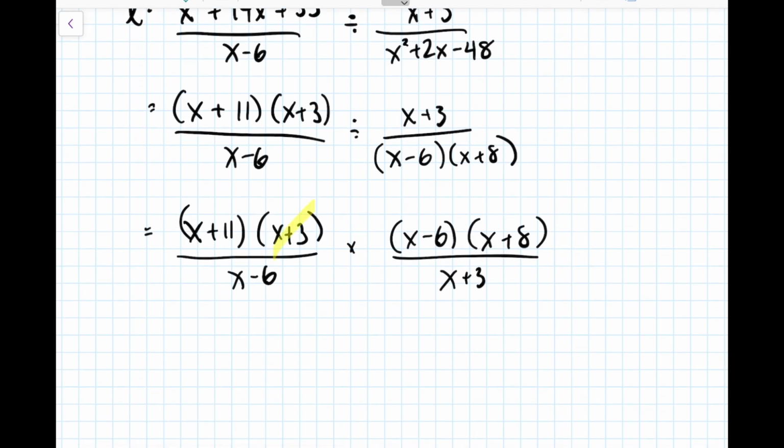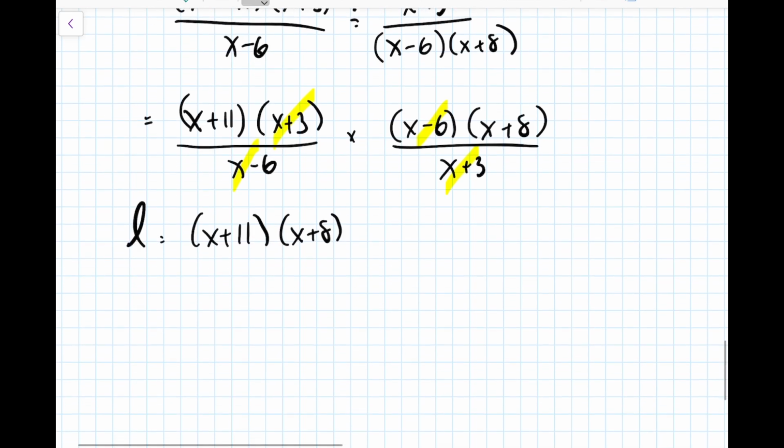And so we can just do some canceling, right? Get rid of the x plus 3's, get rid of the x minus 6's. And so all we're left with is x plus 11 times x plus 8. So that's what our length is. And for NPVs, we have that x cannot be 6, negative 3, or negative 8.